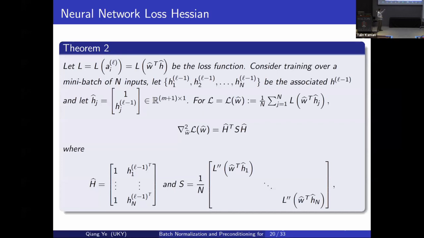H hat consists of the hidden variables, the n of them, each transposed as a row, put together with a 1 added as the first column. And the diagonal matrix S is the second order derivative of the loss.